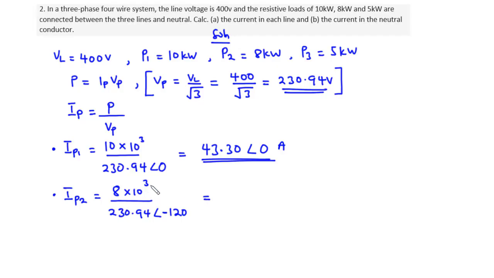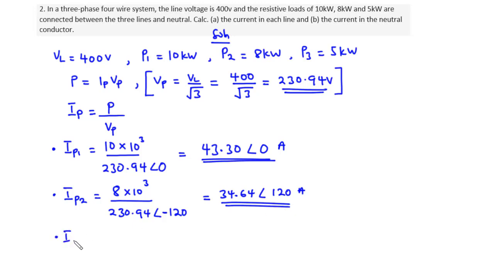So 8 times 10 exponent 3 divided by 230.94 is 34.64 polar. 0 minus negative 120 is going to be positive 120.